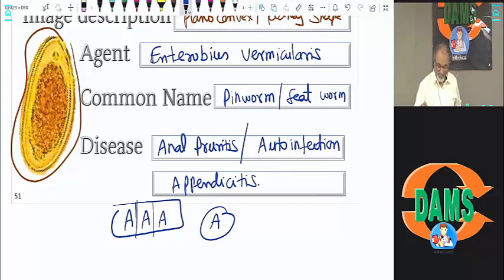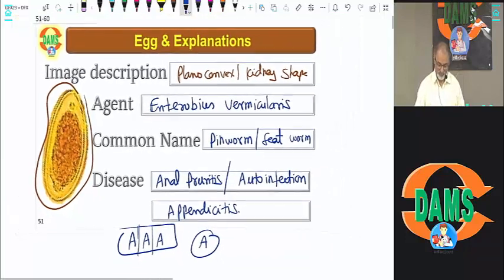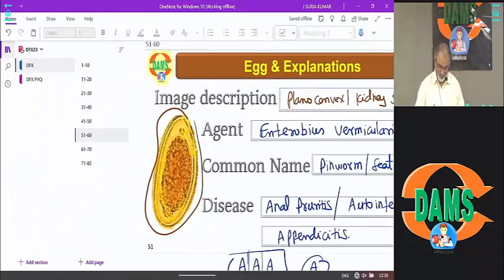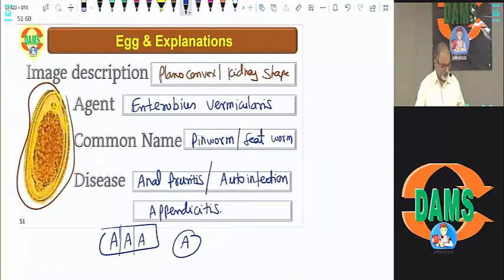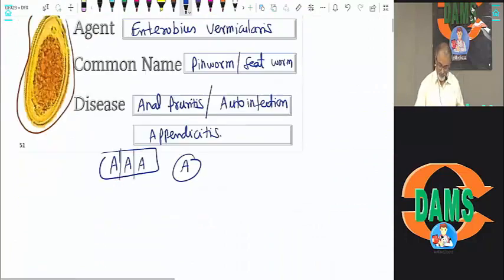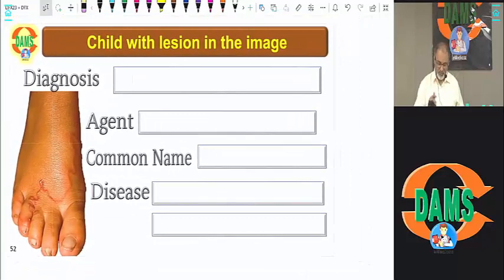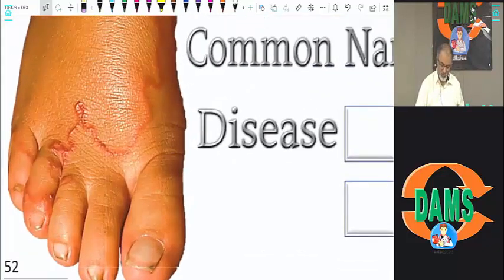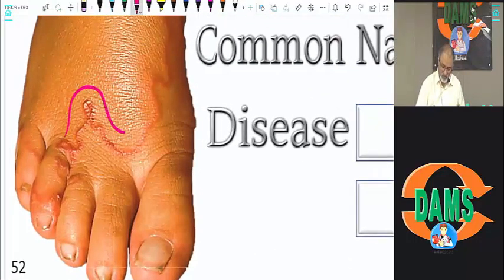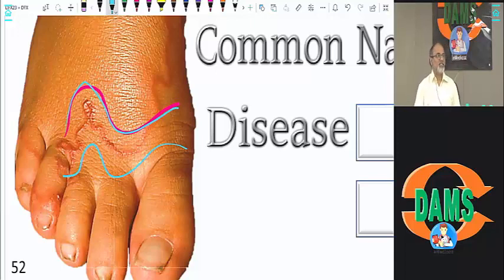Okay, next is a child with a lesion in the image. See, beautiful, snake-like, going under the skin. Wow, this is called cutaneous larva migrans, CLM.